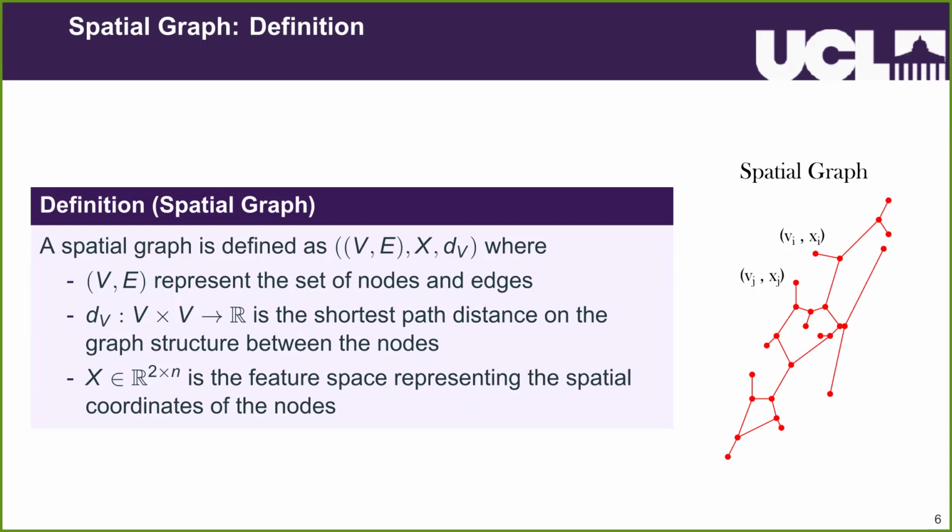But for this talk, we're just going to focus on a Euclidean embedding of the nodes. And then you have dV, which is a function that is a distance between the vertices. Okay, it can be the geodesic distance, but can also include some weights on the edges. So it's a metric function on the graph. So this is the object of analysis. So here you have a simple example where you have the nodes embedded. I'm sure you're familiar with this.